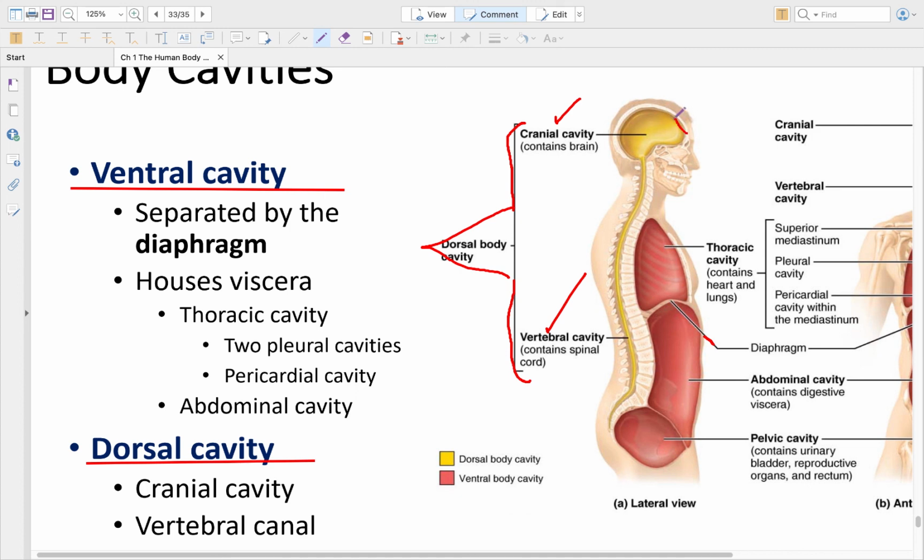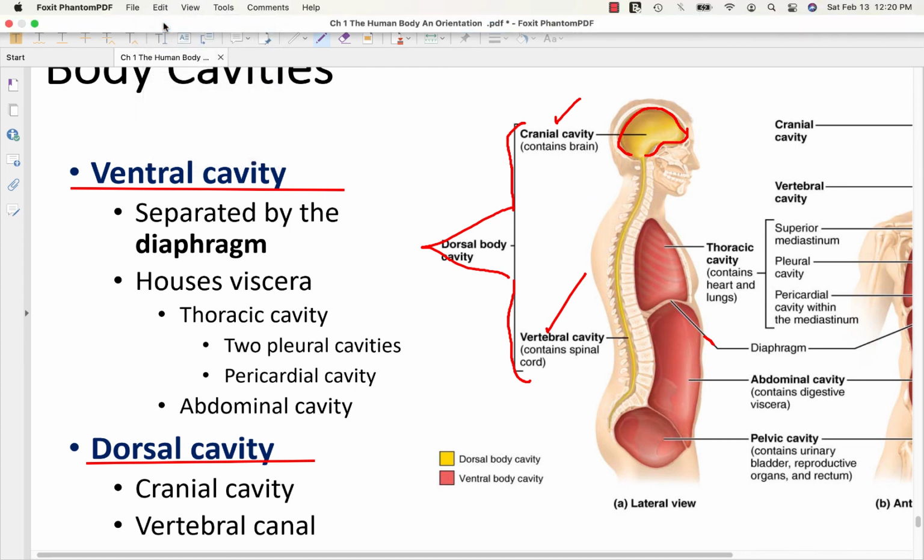Of course, it holds the cranium, the brain, right? And then the vertebral cavity, of course, that's going to hold the spinal cord. And that's somewhat of a terrible sketch, but I suppose the point is that we know where the cavities are.